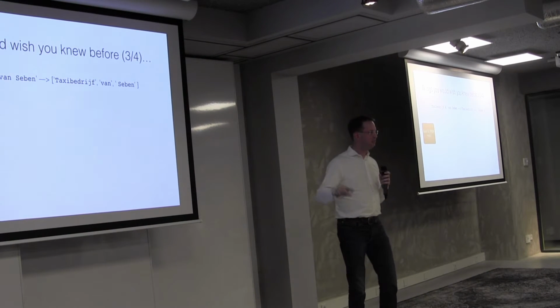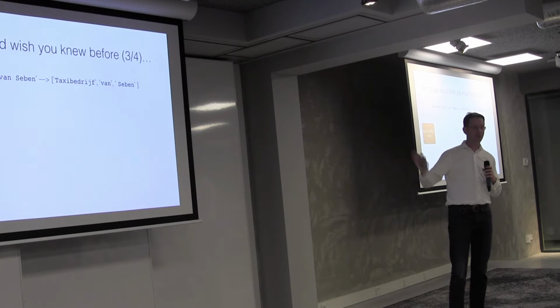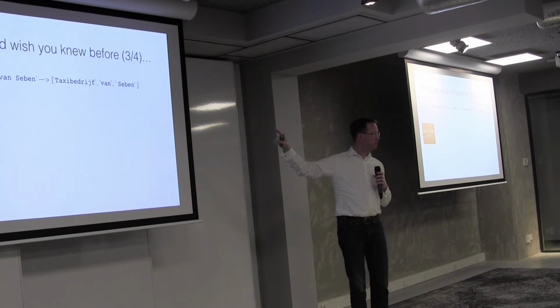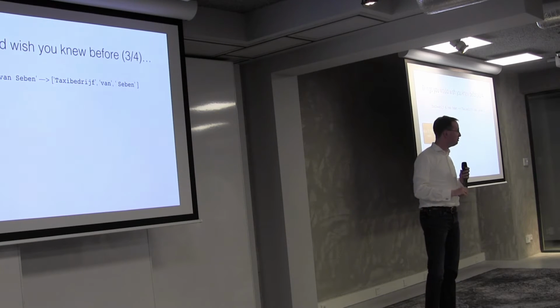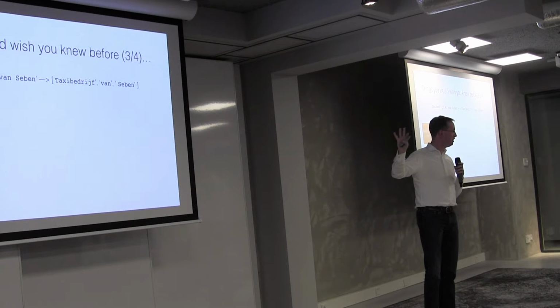The G matrix. So we're going to tokenize this taxibedrijf M van Zeeman. And these are the tokens that come out, if you use the standard implementation of scikit-learn. As you might notice, the M here is missing, which is quite a pain if you're starting to match names, which are already very short, and you don't want to miss out the individual letters.